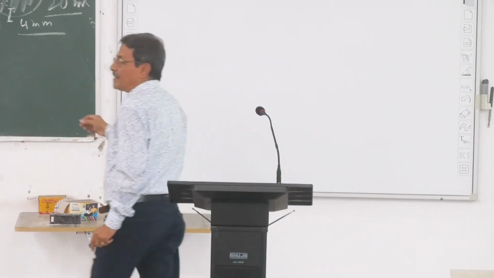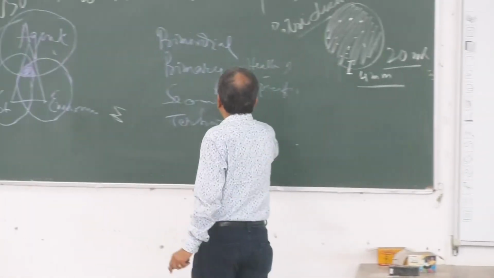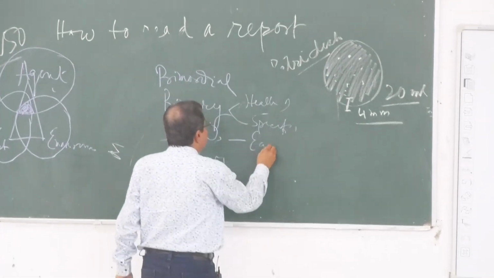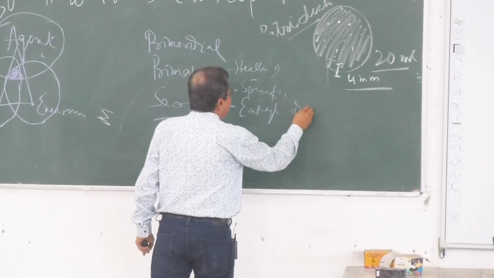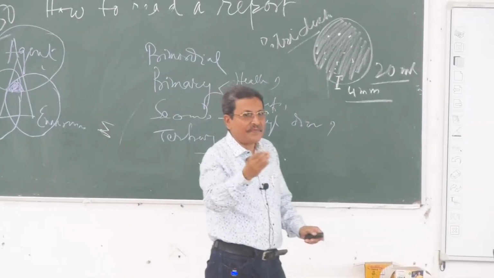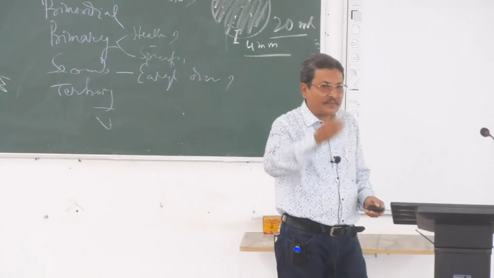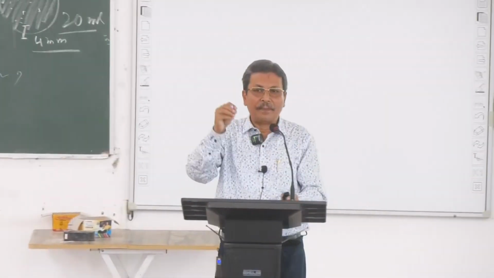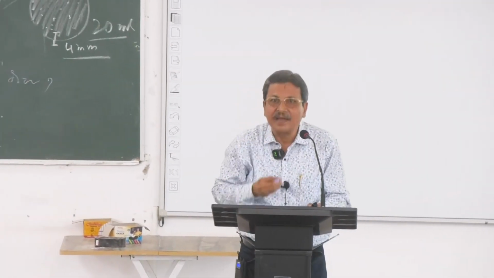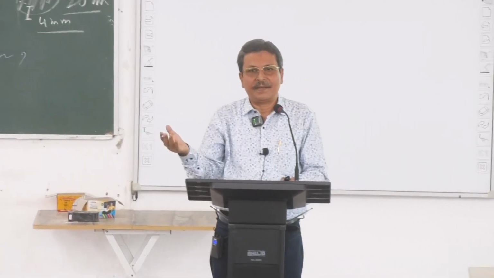And secondary prevention examples are early diagnosis and treatment. Secondary prevention, early diagnosis. The earlier in the pathogenesis period you diagnose, the earlier you can do the treatment.